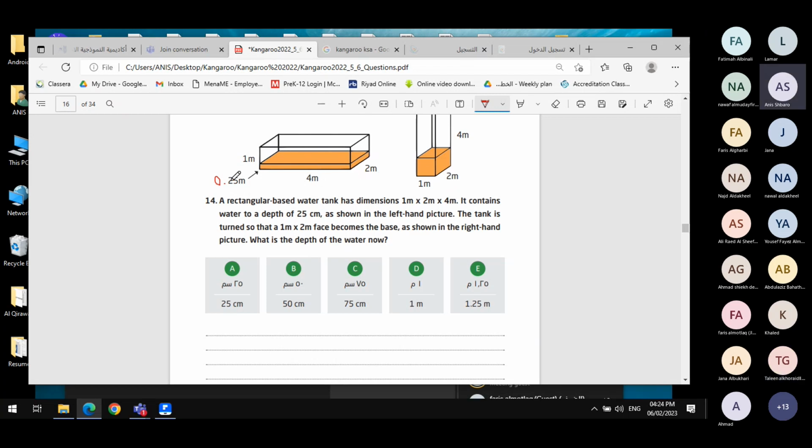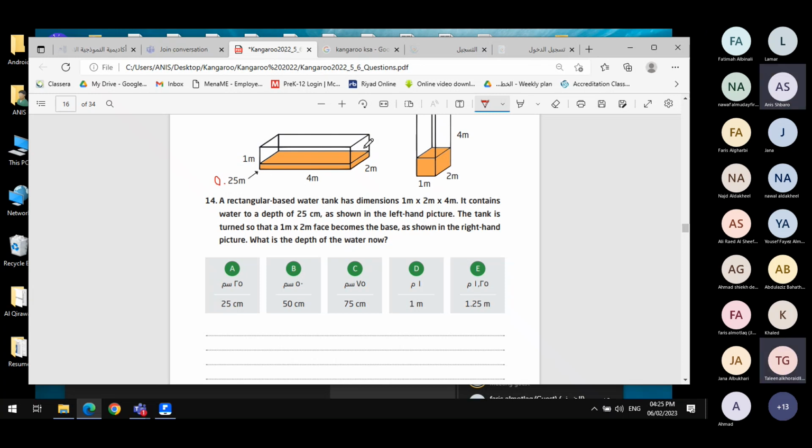So 4 times 2 times 0.25 is equal to what? 4 times 2 is 8. And then 8 times 0.25 is... Let me make it easier for you. 4 times 0.25 is 1, right?